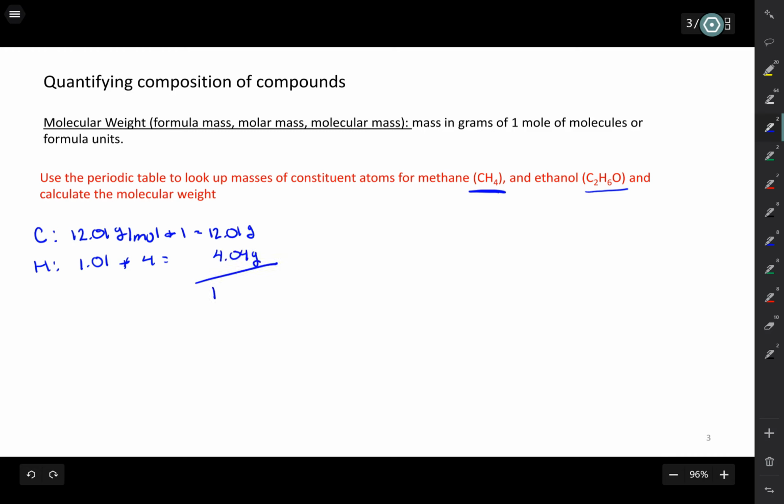Simply add this together, and now we're at 16.05 grams per mole of CH4, methane. Ethanol, molecular weight. For ethanol, you should have gotten 46.08. If you didn't, come to my office hours and we'll work it together.